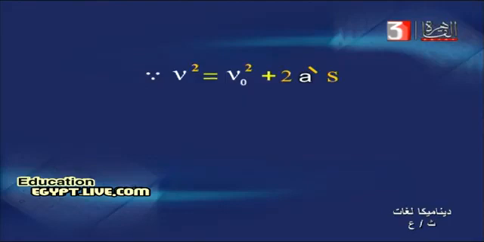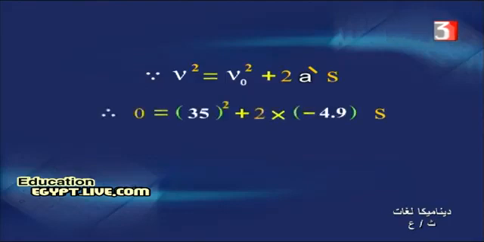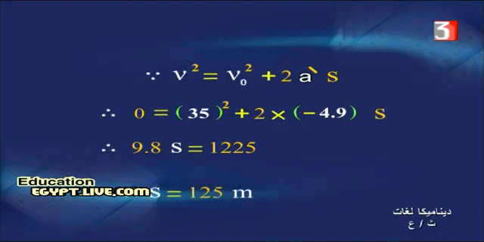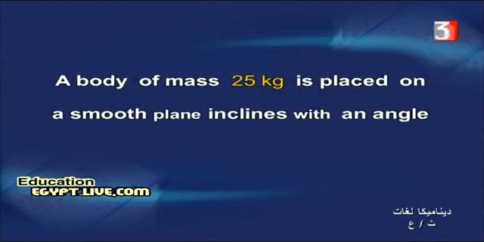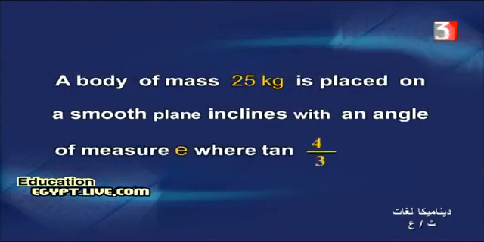The equation of motion of the body in the second case, with half the magnitude of the previous force, half F, and with a retardation acceleration a dash: 30 times a dash equals half the force, 192, minus 30 times 9.8 sine 30. 0.5 is the value of sine 30.